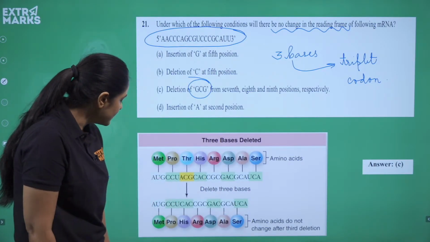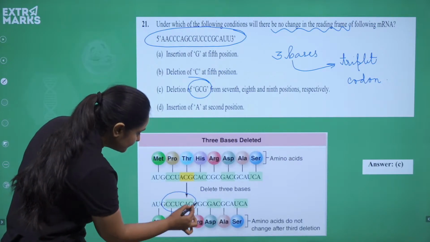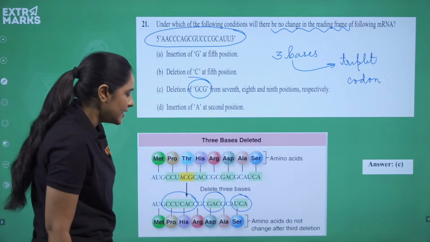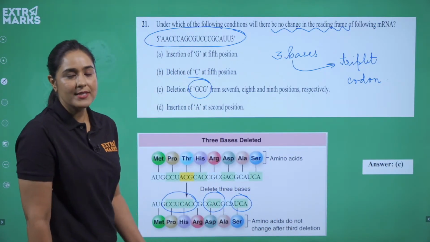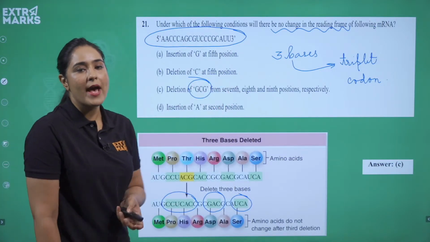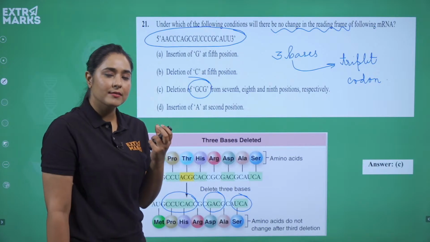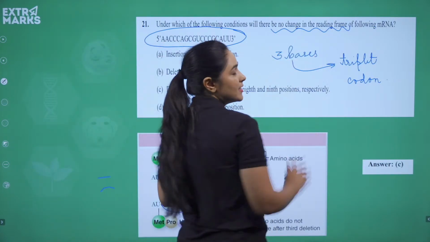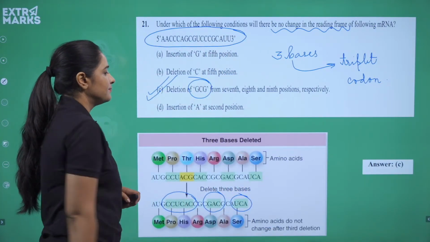Delete 3 bases and we have deleted here this and this. See here, amino acids do not change after 3rd deletion. So obviously, as we are having our codon as triplet, if we are deleting 3 bases or the triplet codon here, we will not have the change in the reading frame. So obviously, this option here is correct.